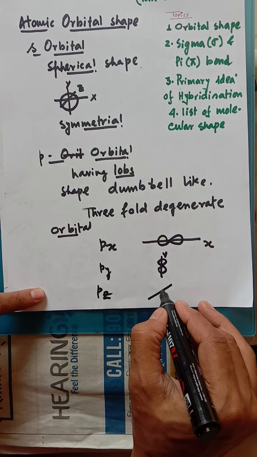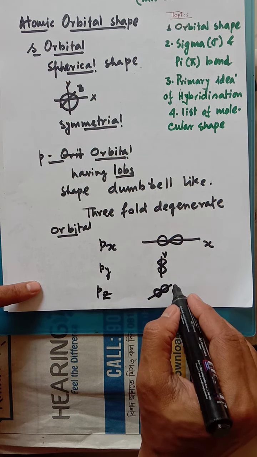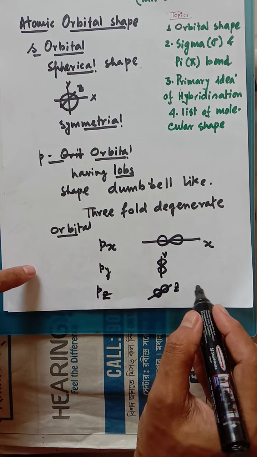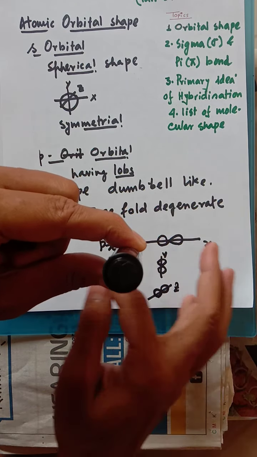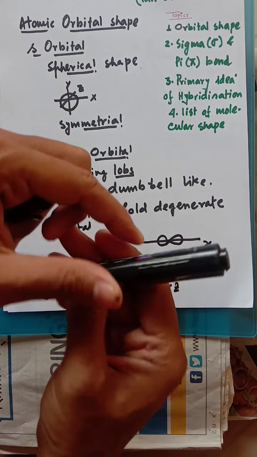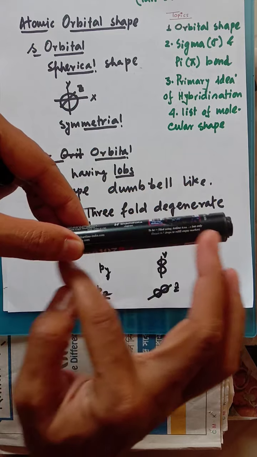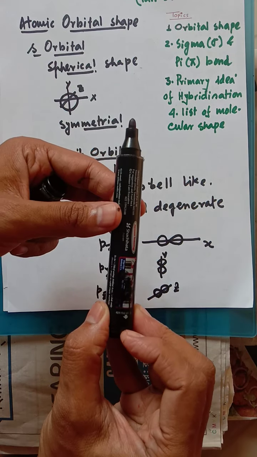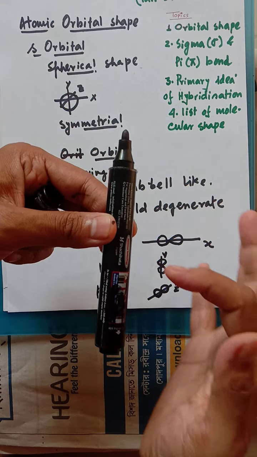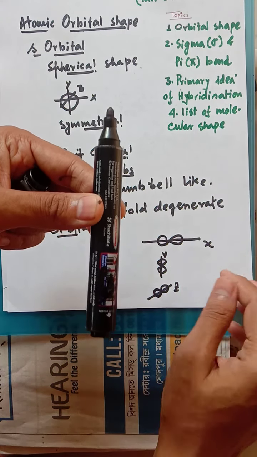If the lobe is along the z axis, obviously it is pz. If the lobe is along the x axis, it is px, and if you consider the y axis and the lobe is along this axis, it will be py.